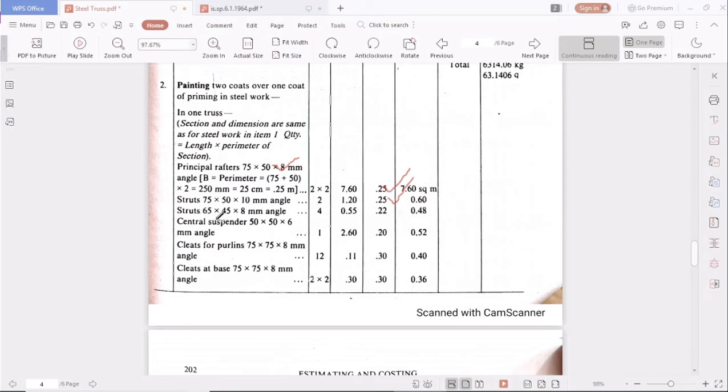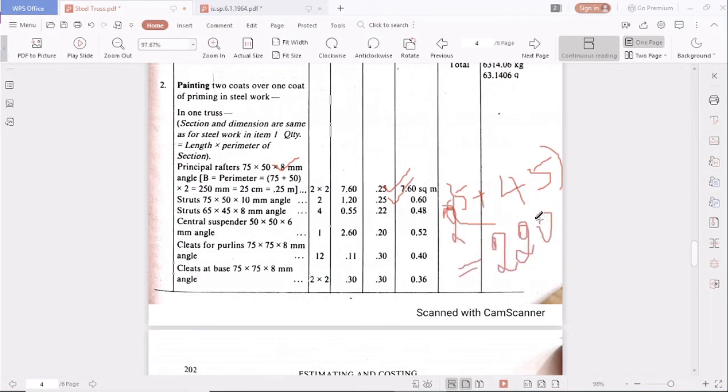Now the strut of 65 into 45. I'll show you for clarity. I am doing this with the mouse, so it will not be a clean number. 65 plus 45 into 2 we will get around 220.